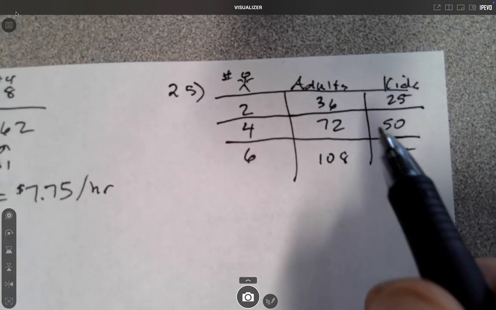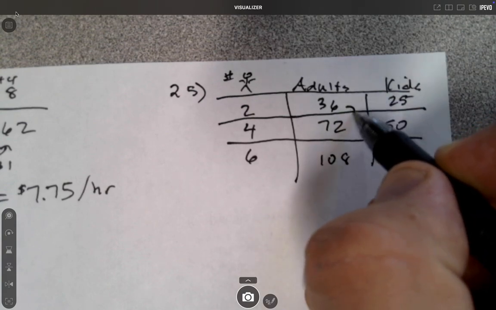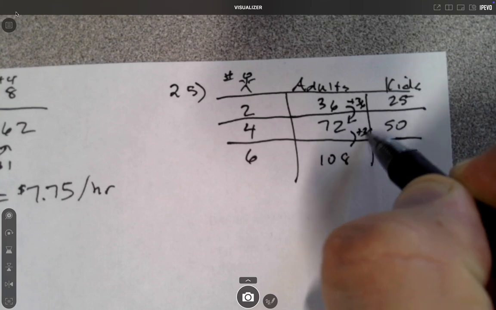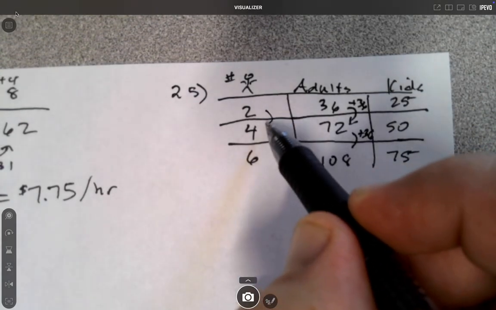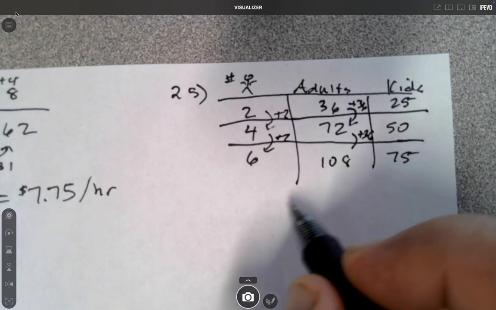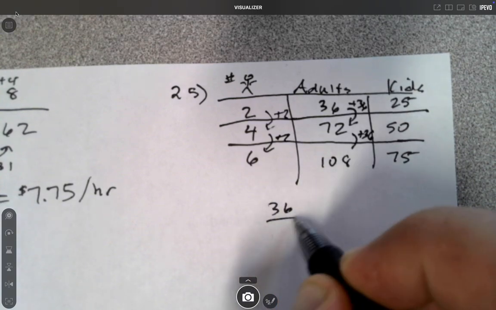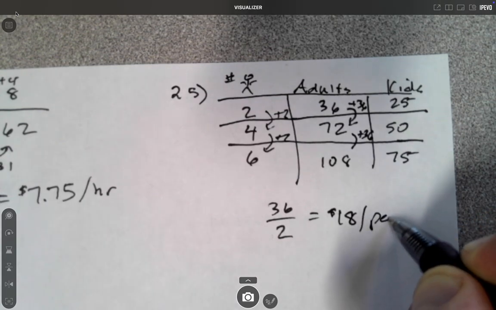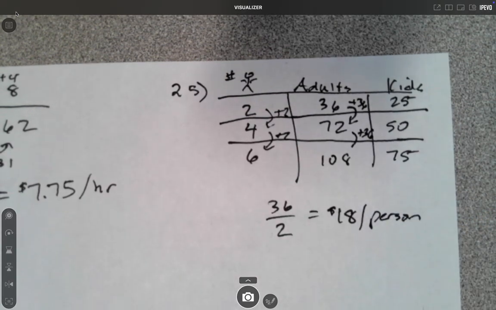So the adults, you notice we're going up by 36 each time. And the x's are going up by 2. So for the adults, it's 36 over 2, which is 18. So it's $18 per person if you're an adult.